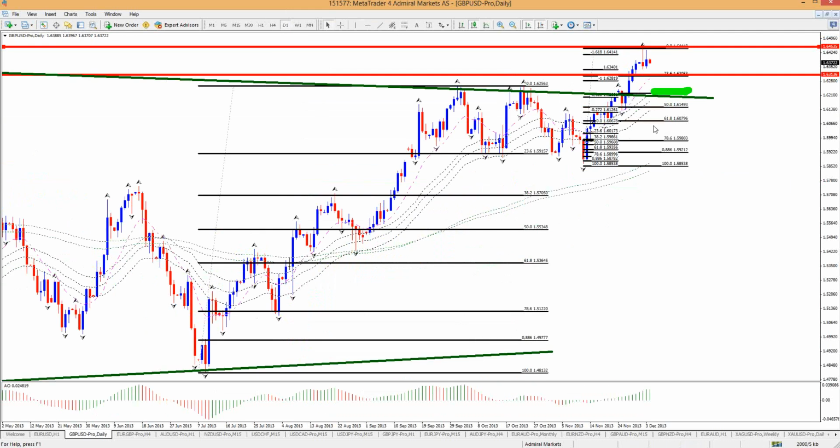The 382 could be the bouncing spot because the 382 is equal to the broken resistances approximately. Now that we have this set of daily candles, there could be the likelihood of that correction back to the resistance that now acts as support, and we go up to 160, challenge 167. I do think that is the most likely scenario at the moment.